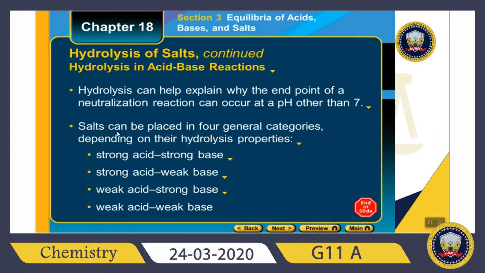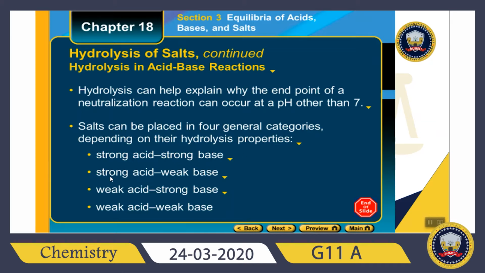So salts which will be produced from reaction between acid and base can be placed in 4 general categories depending on their hydrolysis properties. Hydrolysis properties of what? Of the salt. If this salt is formed from strong acid and strong base, there is no change in the pH, so there is no hydrolysis.